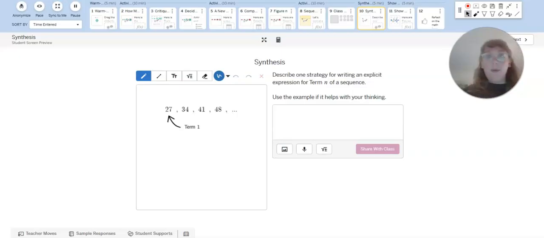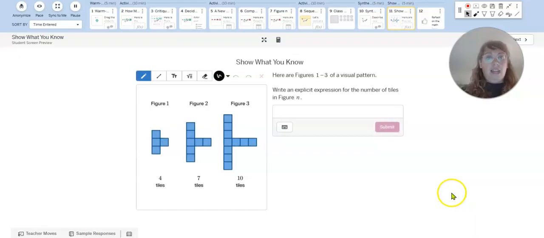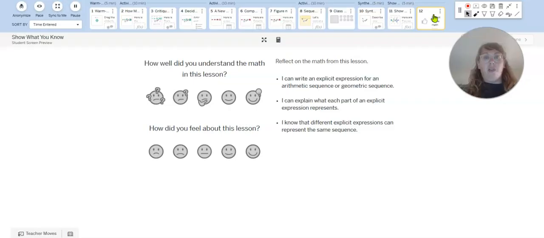You can use this example if you want, but you're just describing what the strategy is for creating that formula. Slide 11, write an explicit expression for the number of tiles here. Notice if it's figure 1 or figure 0, and however you choose to write your equation based on that is your choice. And then finally, the little reflection on slide 12.